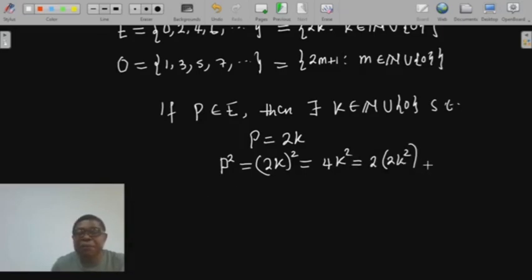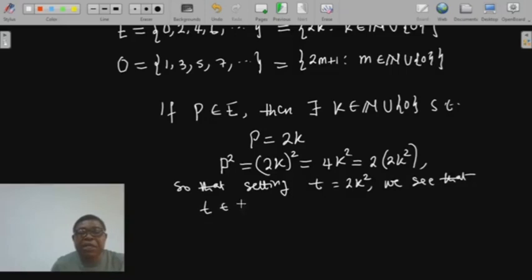So that, setting T equal to 2k squared, we see that T is in N union 0, and then P squared will be equal to 2T.